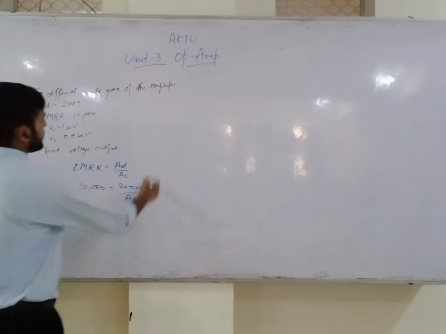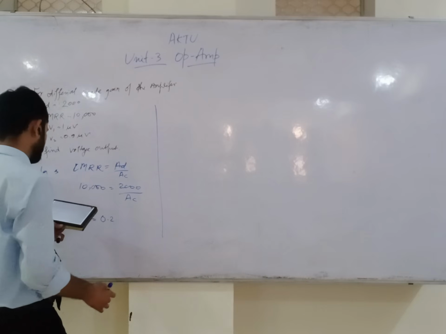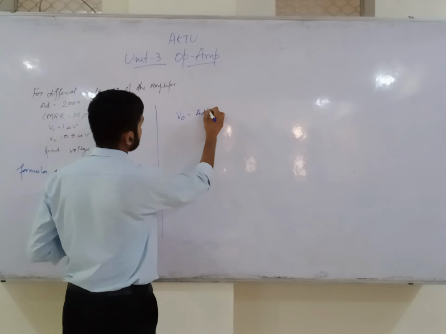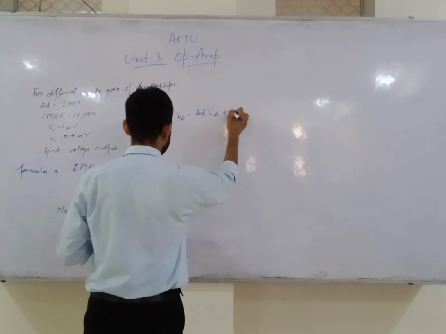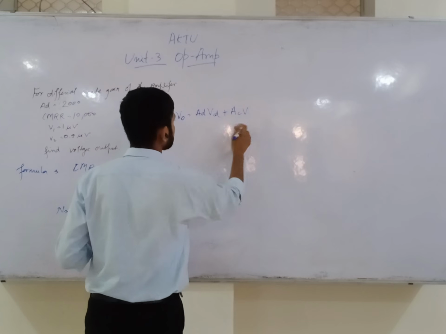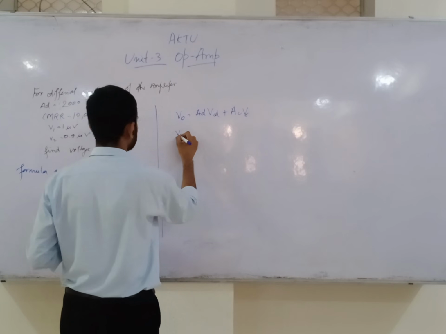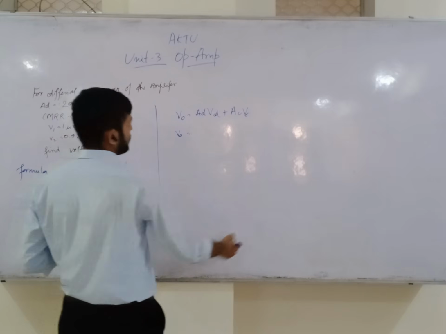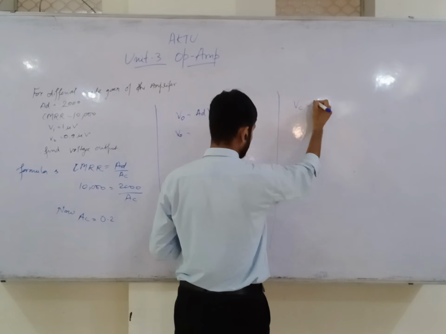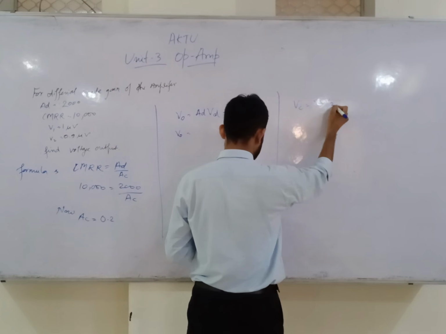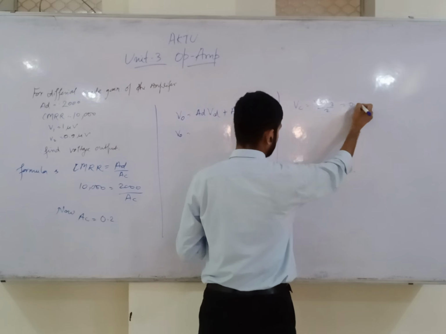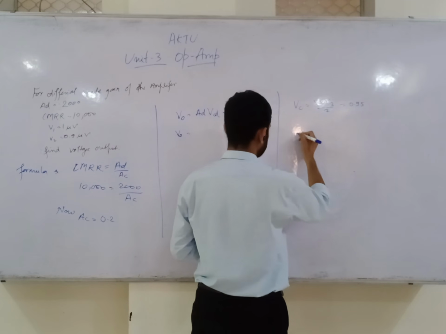After that, we know the basic formula: output is equal to ADVD plus ACVC. So V output is equal to, VC is equal to V1 plus V2 upon 2, which is approximately 0.95 after calculating.